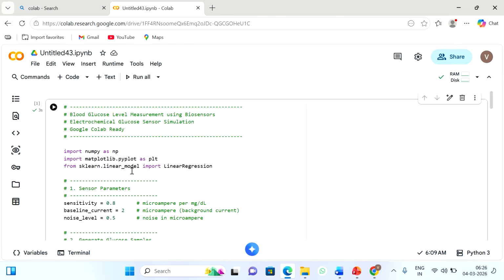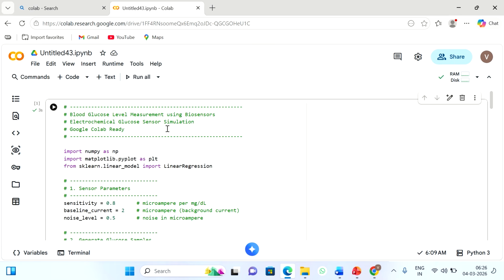From this we can get the blood glucose level. Then, electrochemical glucose sensor simulation with Google Colab.